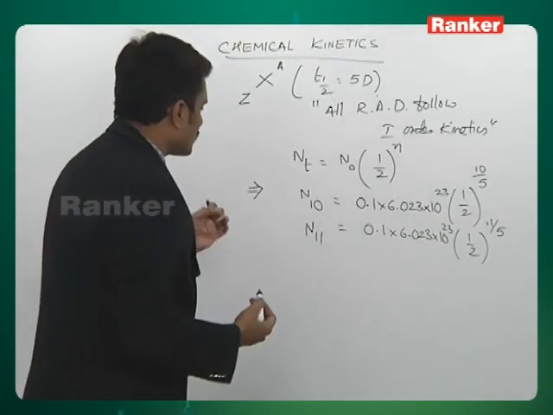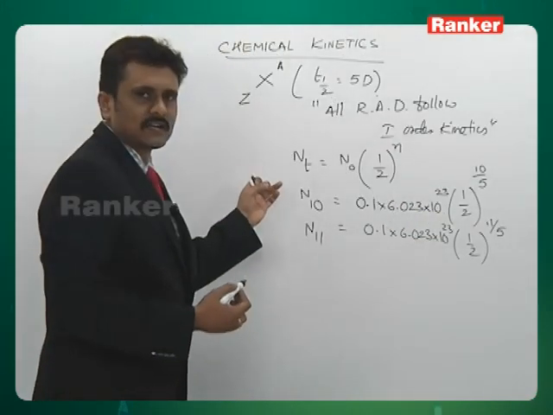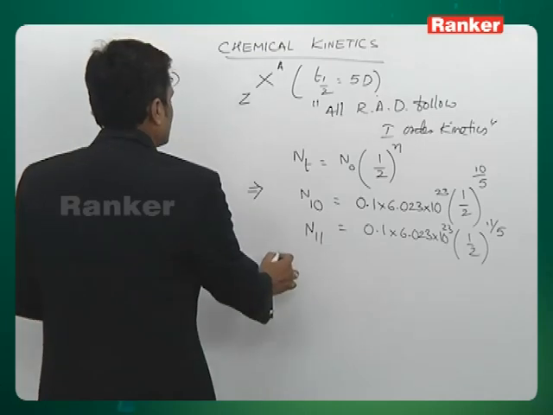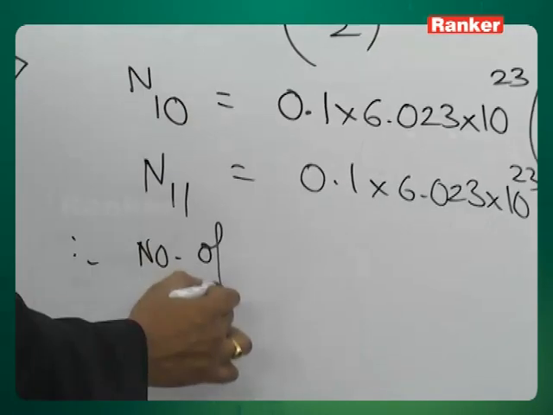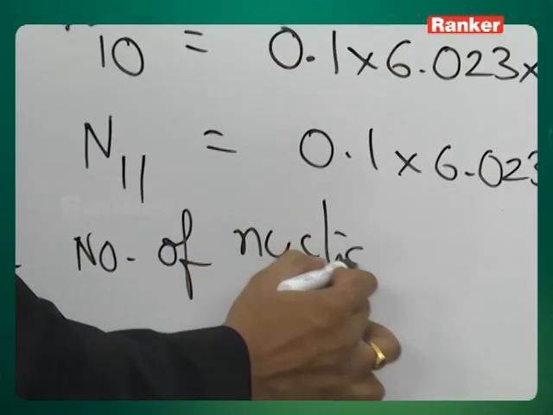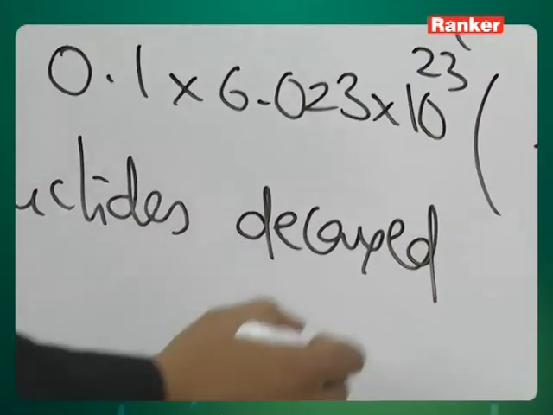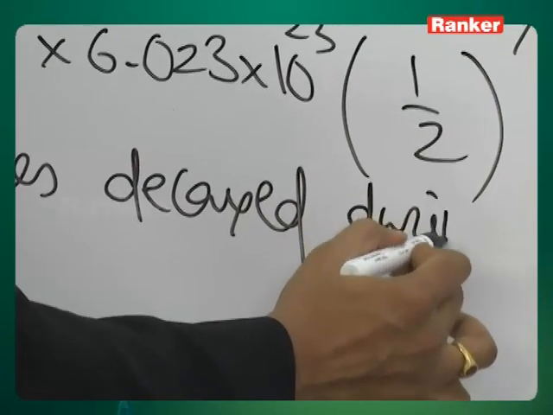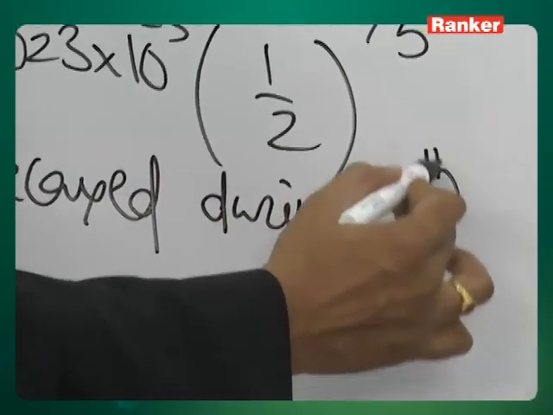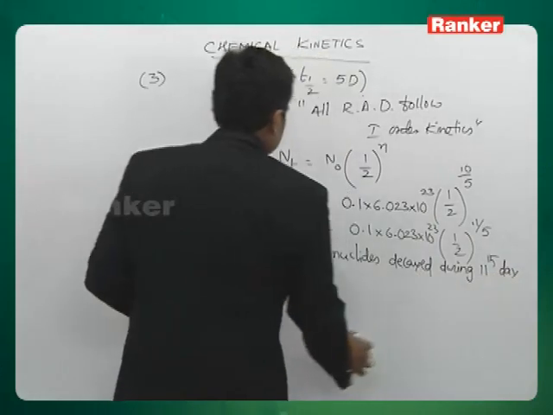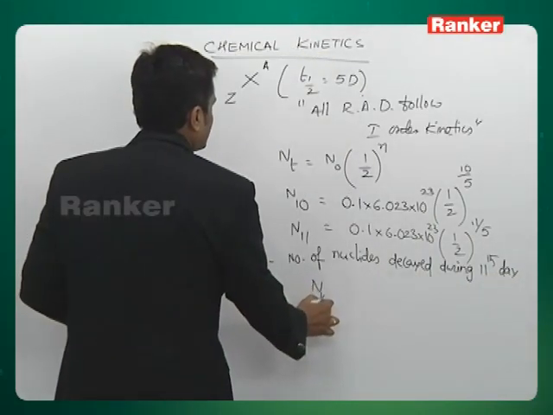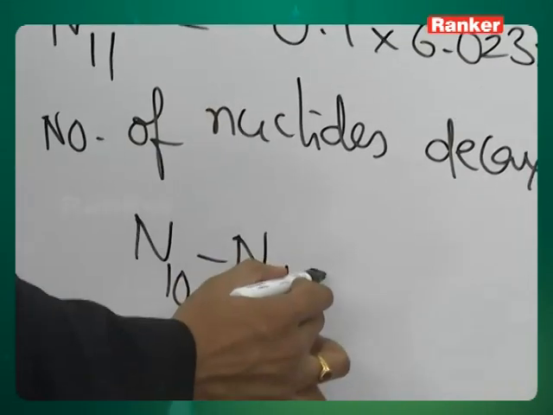Now you have got the number of nuclides remaining after 10 as well as 11 days. So the number of nuclides decayed during the 11th day is equal to N10 minus N11.